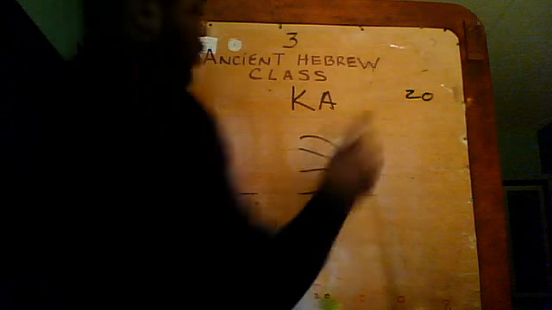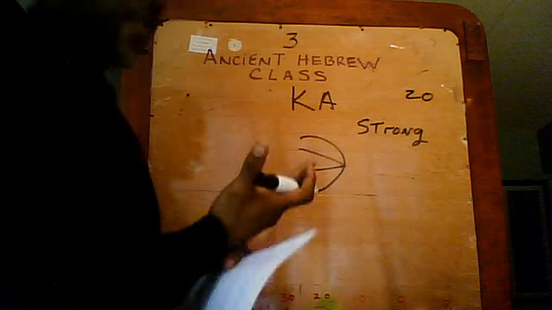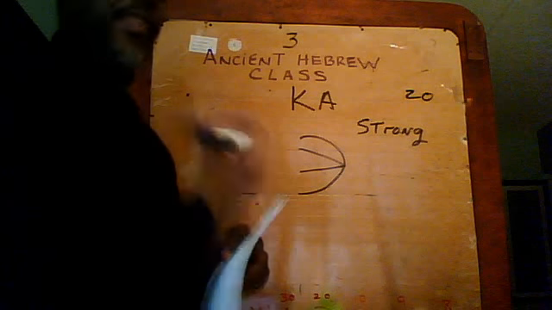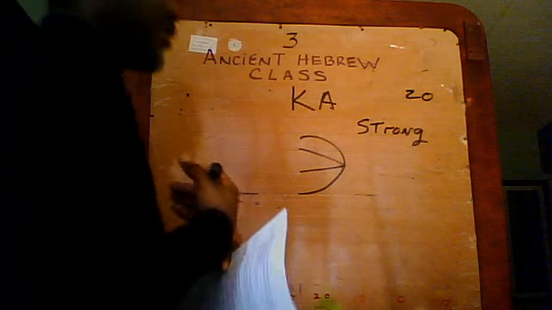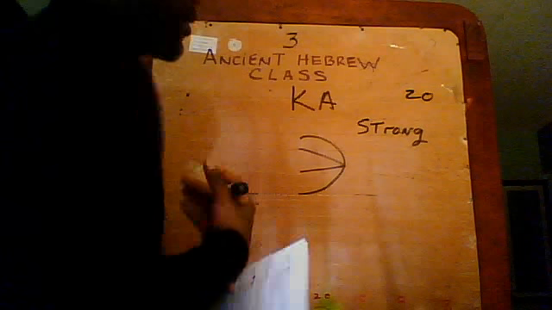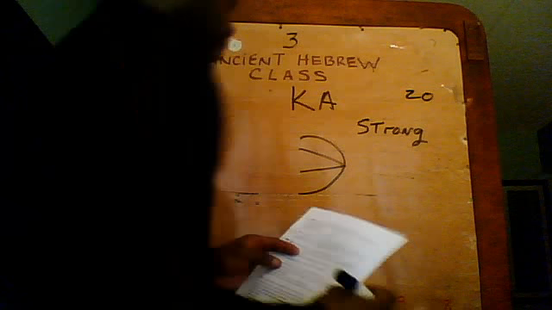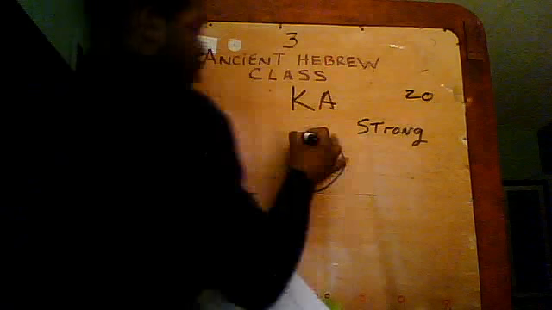Also, this means strong part. Some Hebrew words that refer to thickness mean that, for instance, you're thick, your brain is thick. You don't understand. Okay? So let's go back. So Ka means strong part.